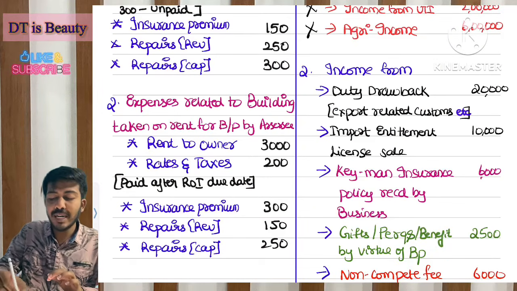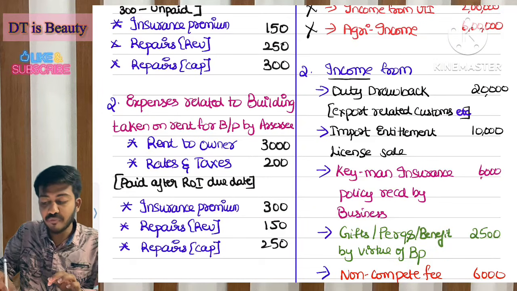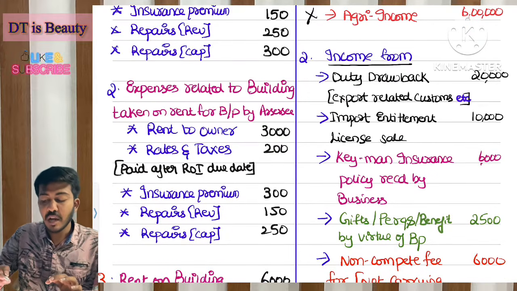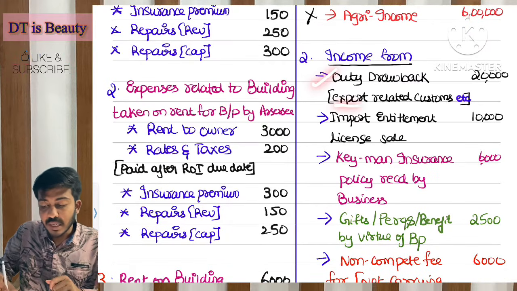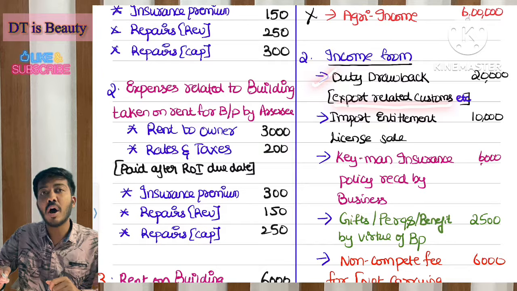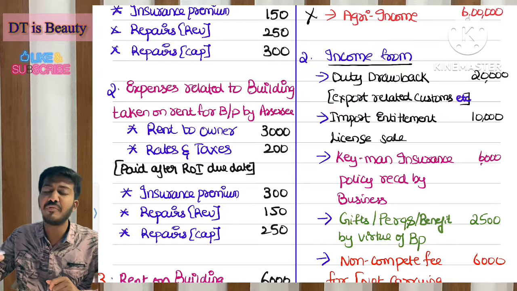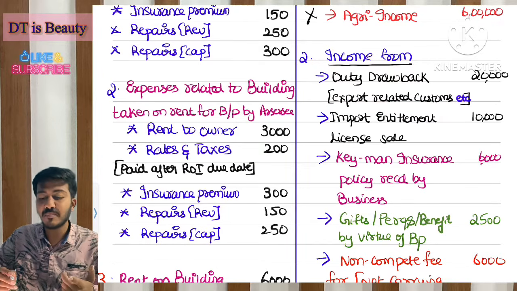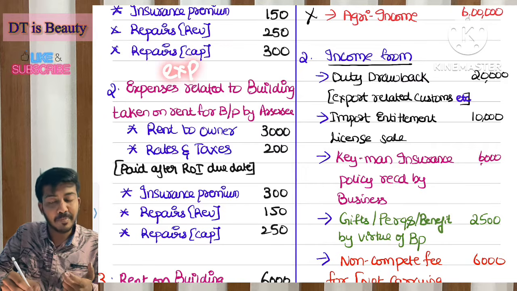Second point will fully be of the charging section of PGBP, which says that duty drawbacks, which is the export related customs or excise duty. For example, if you are exporting certain things, you will pay some customs duty, right? That customs duty you would have claimed as expense earlier.